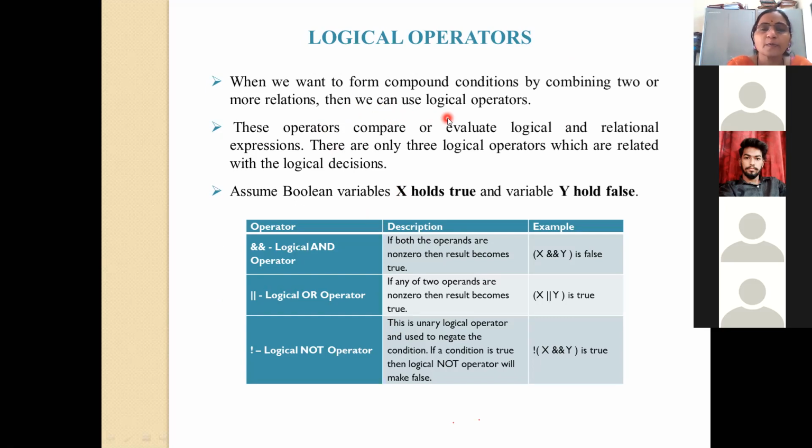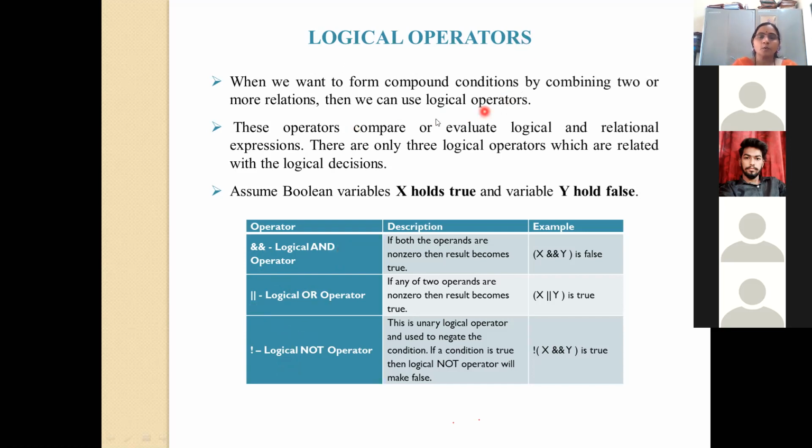Suppose, for example, x is less than 5 and y is greater than 6. So x is less than 5 is one expression and y is greater than 6 is another expression, and I just have to combine these both expressions with the AND operator. Similarly, you can combine with the logical OR operator, or you can use the logical NOT operator.